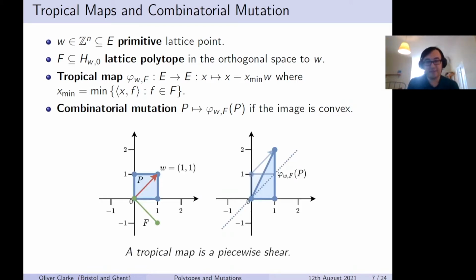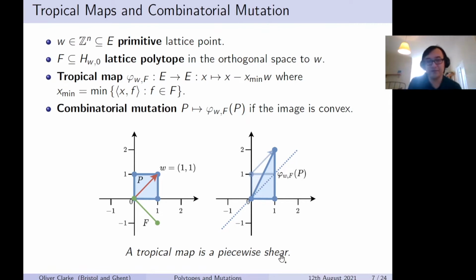So a nice simple example. Let's have a look at a tropical map defined by this vector W, which is (1, 1), and this lattice polytope F, which is the convex hull of the origin and the point (1, -1). So what this tropical map does is it splits the plane into two regions, the region below the dotted line and the region above the dotted line.